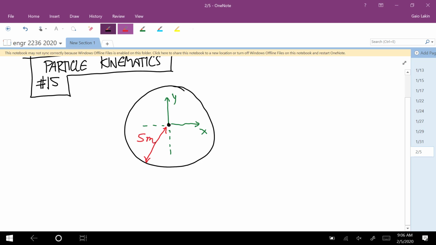There's a clockwise angular velocity of 1.5 radians per second, and also a clockwise angular acceleration of 2.5 radians per second squared.